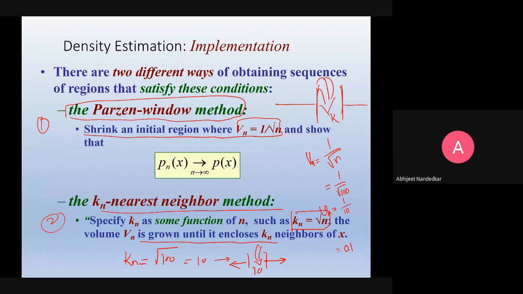As n grows, this volume will shrink, so that's why it is called the shrinking window. In the case of k nearest neighbor, as n increases, the window size also increases. So this is called the growing window.